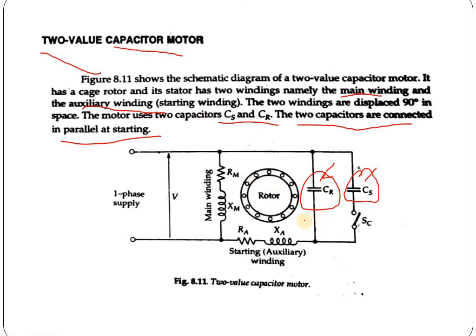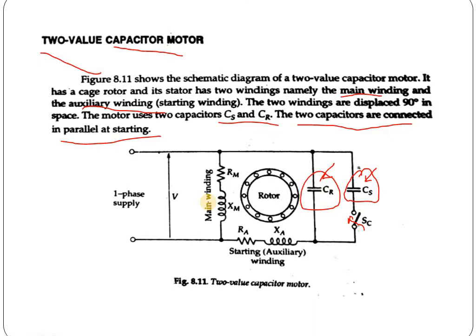In the diagram you can see that the starting capacitor is connected with a centrifugal switch. From this we can understand that after reaching 70% of speed, the starting capacitor will be removed. So we have connected it with a switch so that it can operate as per our requirement.